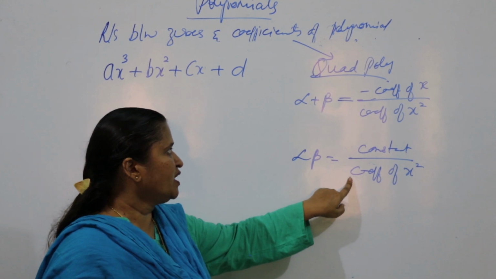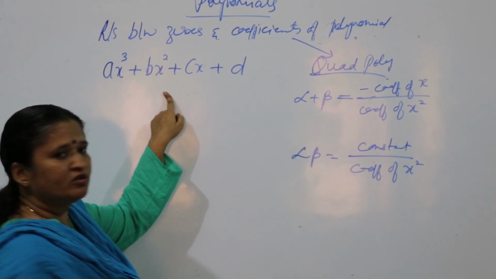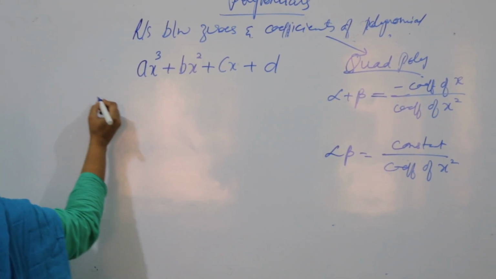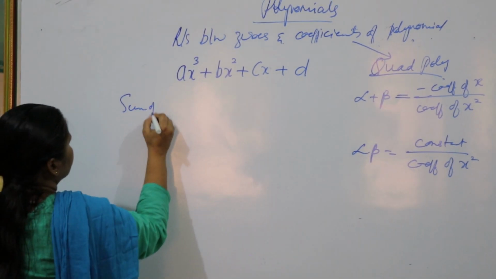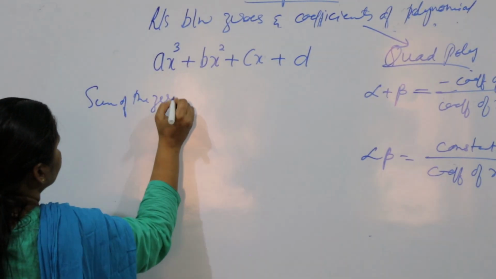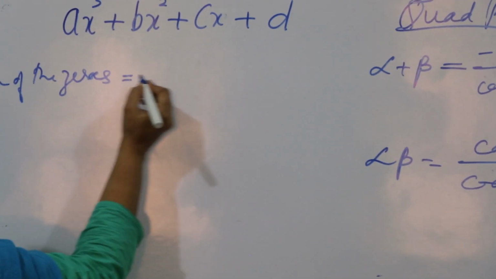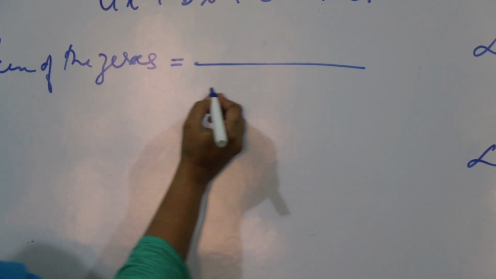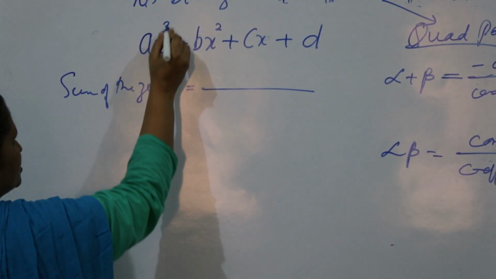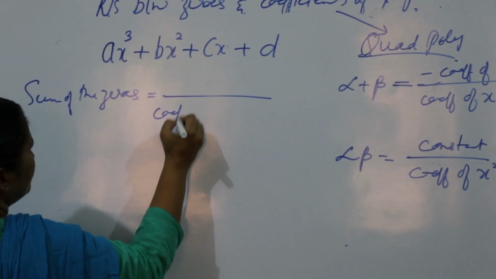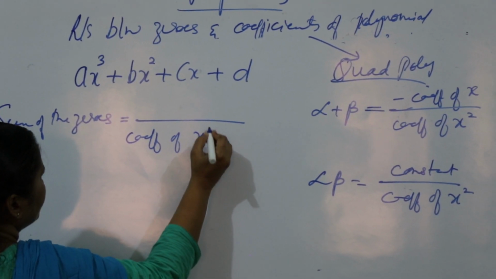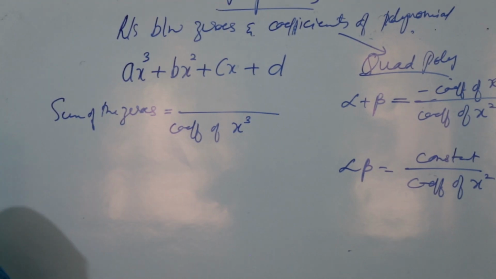Now we have to apply the same thing here also. Now let us try to understand. Sum of the zeros is equal to, which is the highest in this? x cube is the highest. So coefficient of x cube, right?